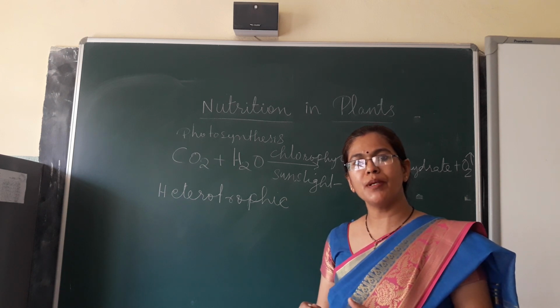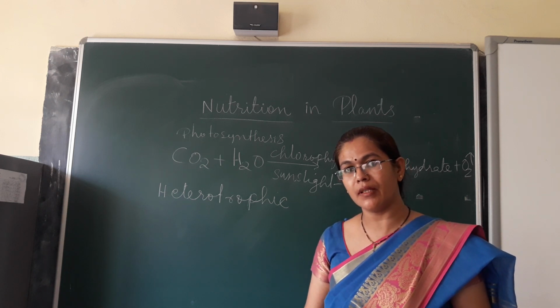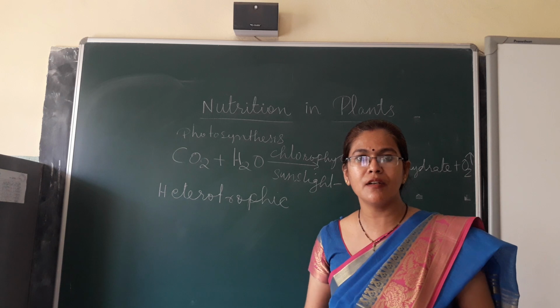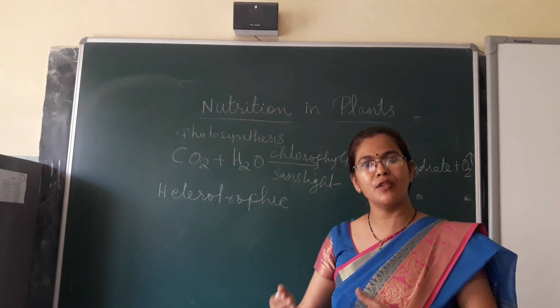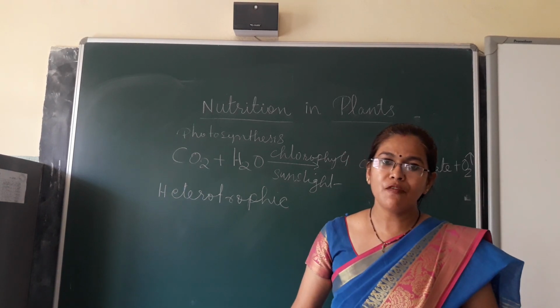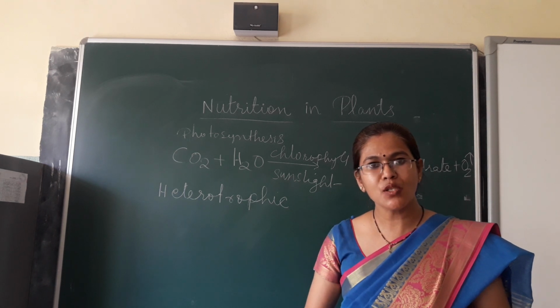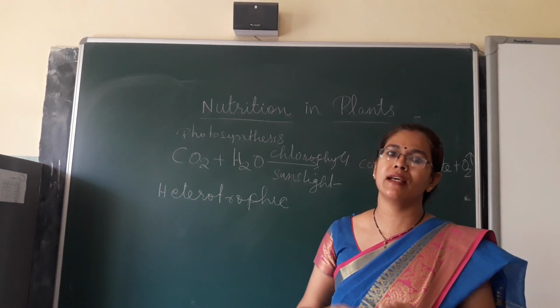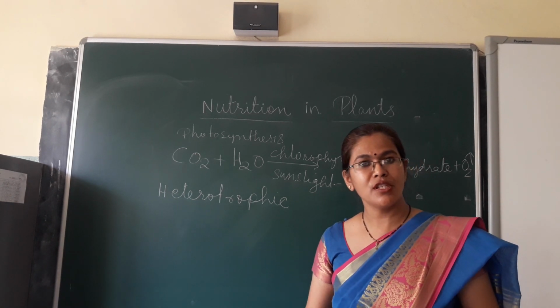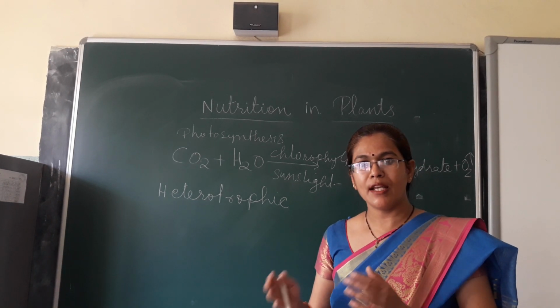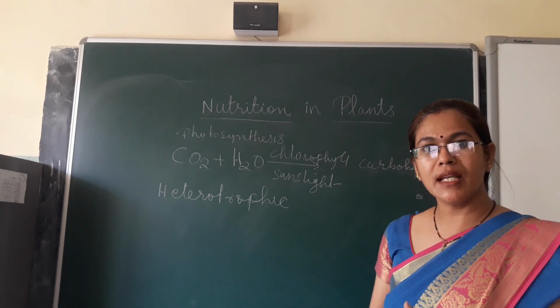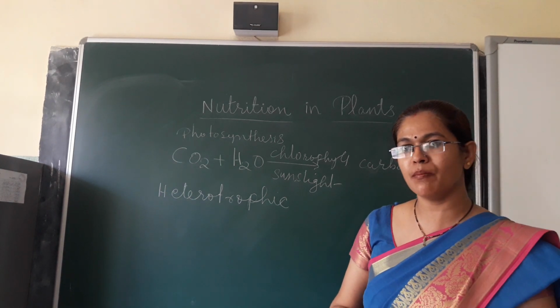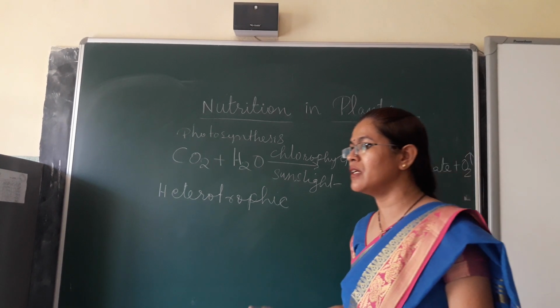Now this rhizobium bacteria has the power to take atmospheric nitrogen and convert it into soluble form so that it mixes with the soil, and then the plant takes that soluble nitrate and gets the nitrogen supply.